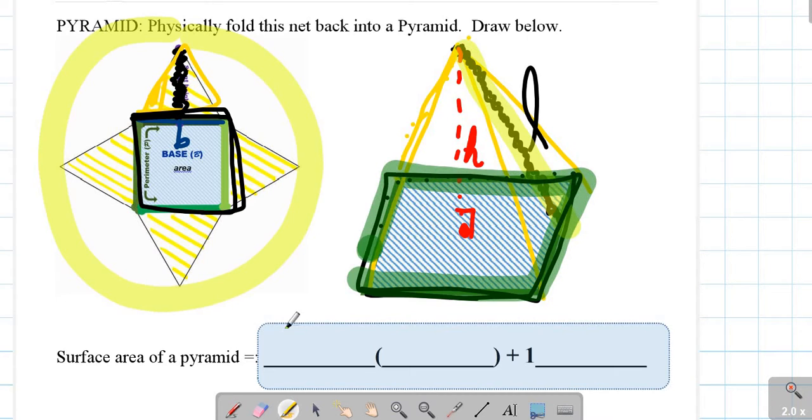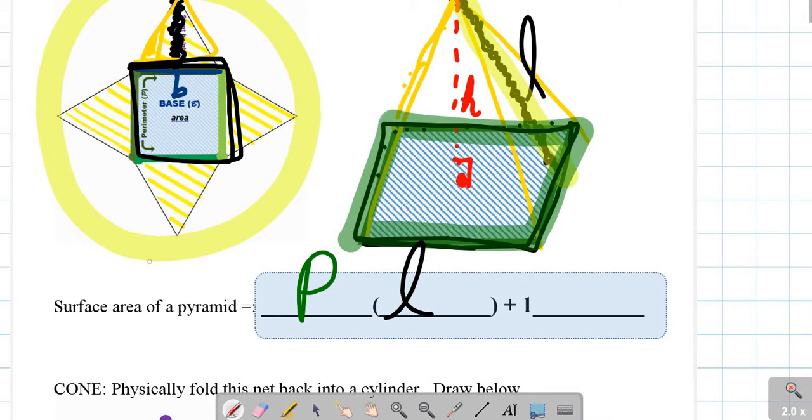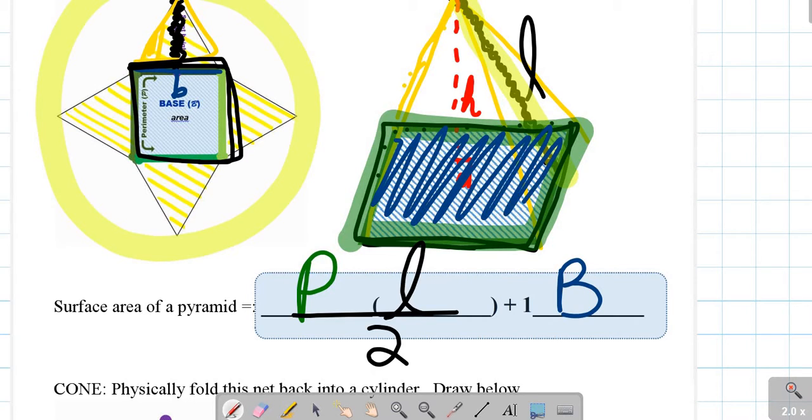So we start with perimeter again, but this time we're doing slant height, and because these are triangles, it's over 2. Perimeter times slant height over 2. Now you only have 1 base. That gets you the area of this image.